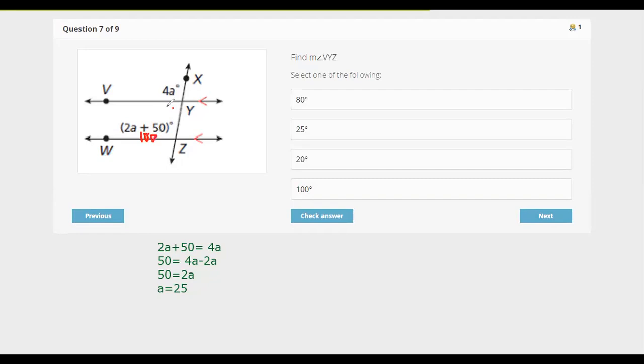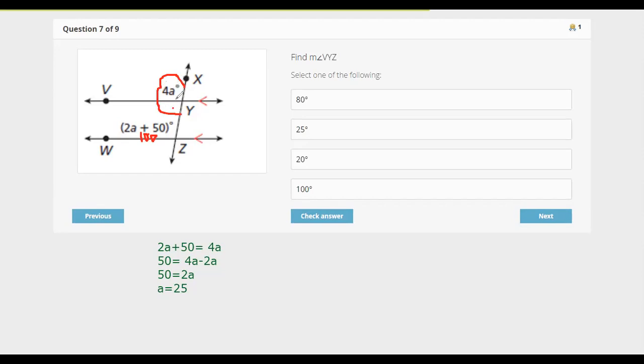Miss Hawa, why did we use 4a when we want to find the angle VYZ? I thought the total would be 180. Listen to me. I said we can use different ways to solve the same question. Agree with me? Yes. So for the first option, someone can say that the measure of those two angles together should equal 180.